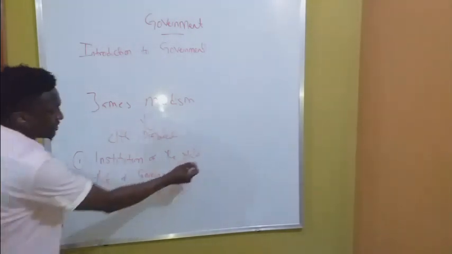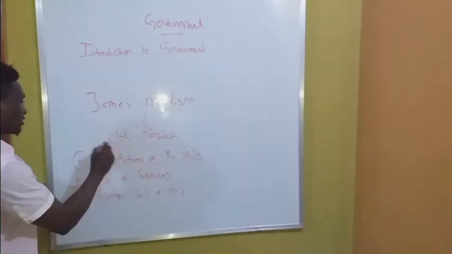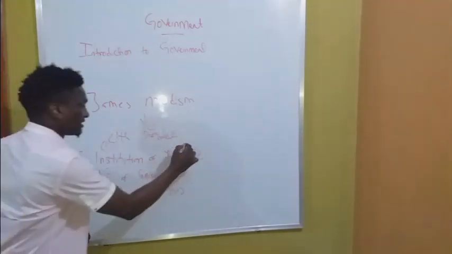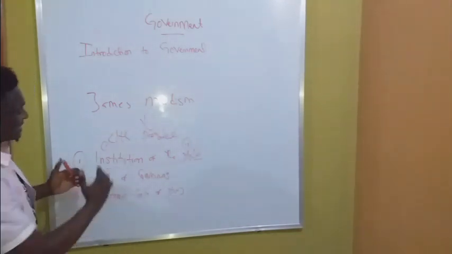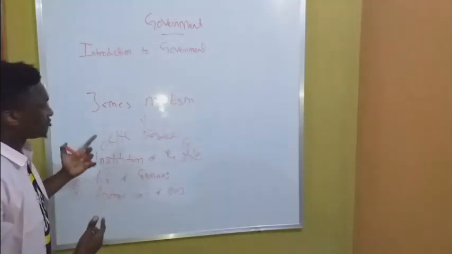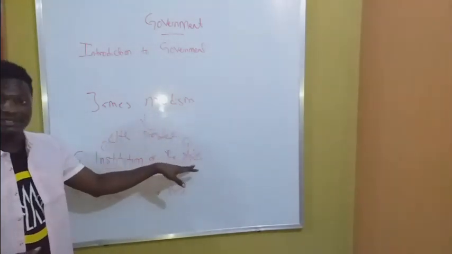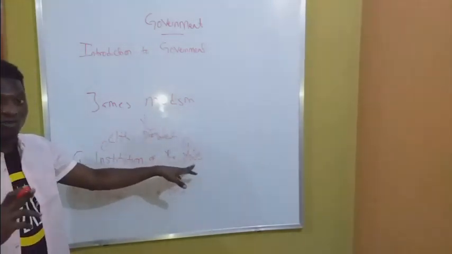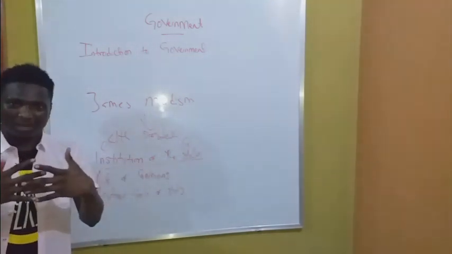Okay, now the first one, government as an institution of the state. Now when you look at this, we have two key words here. The first is institution. The second is state. It is important to note that there is a symbiotic relationship between government and the state. Just so you know, no state, no government. No government, no state. They are practically interwoven.